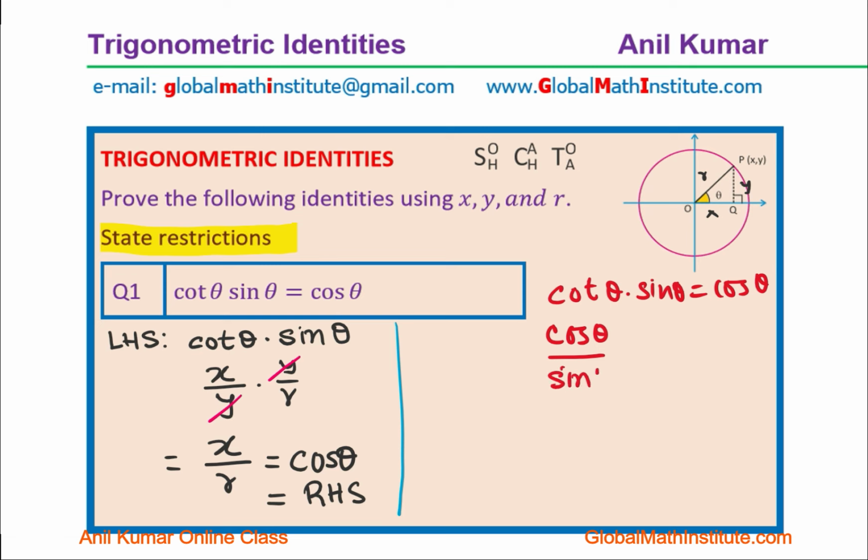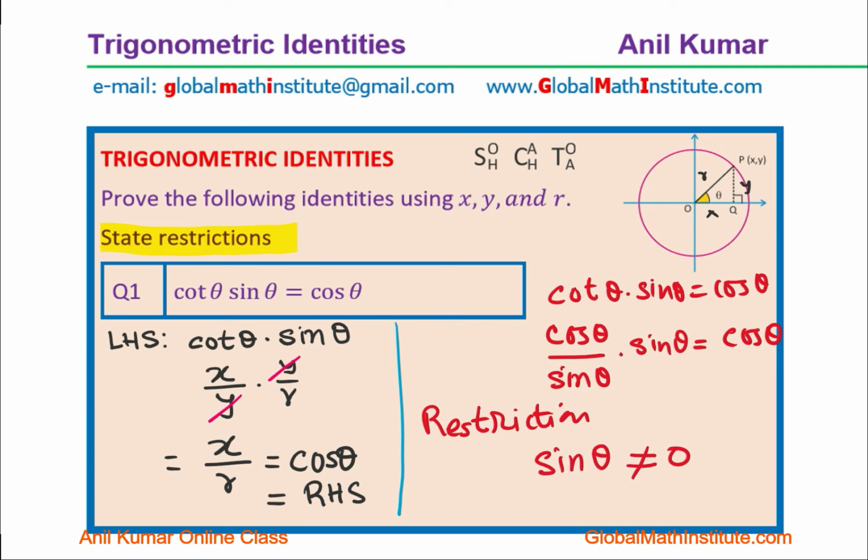Now, since sine theta comes in the denominator in this particular case, it cannot be equal to 0. And therefore, the restriction here is, can you tell me? Clearly, that sine theta is not equal to 0, because if sine theta is equal to 0, then cotangent theta is not defined. Perfect. So that is the restriction in this particular case.